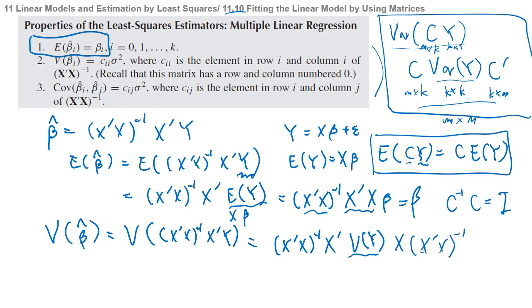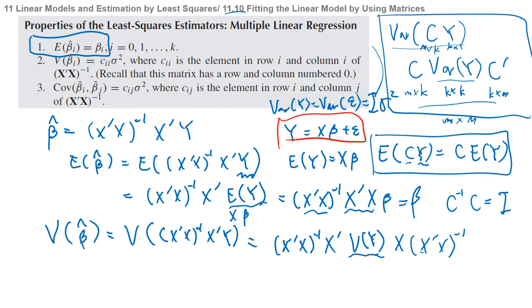And the variance of Y is actually the variance of epsilon.